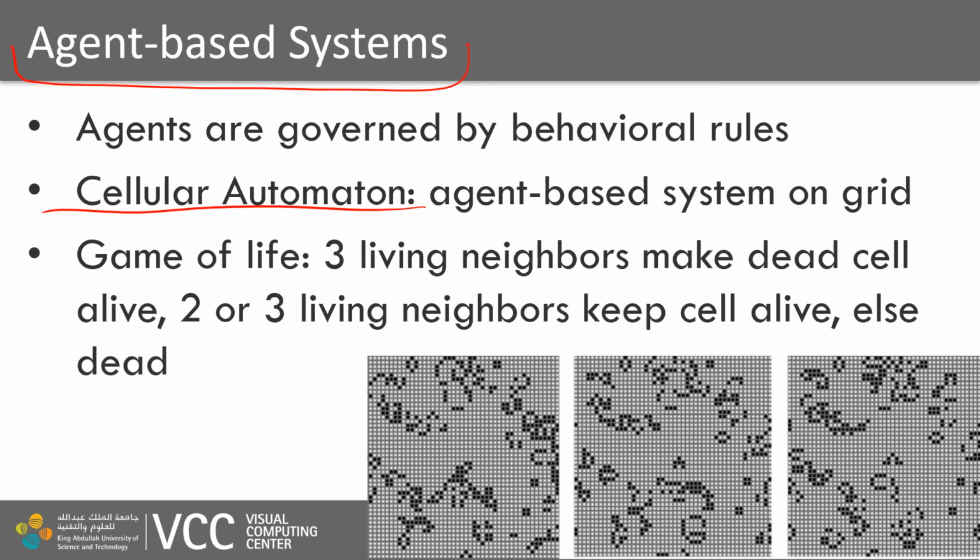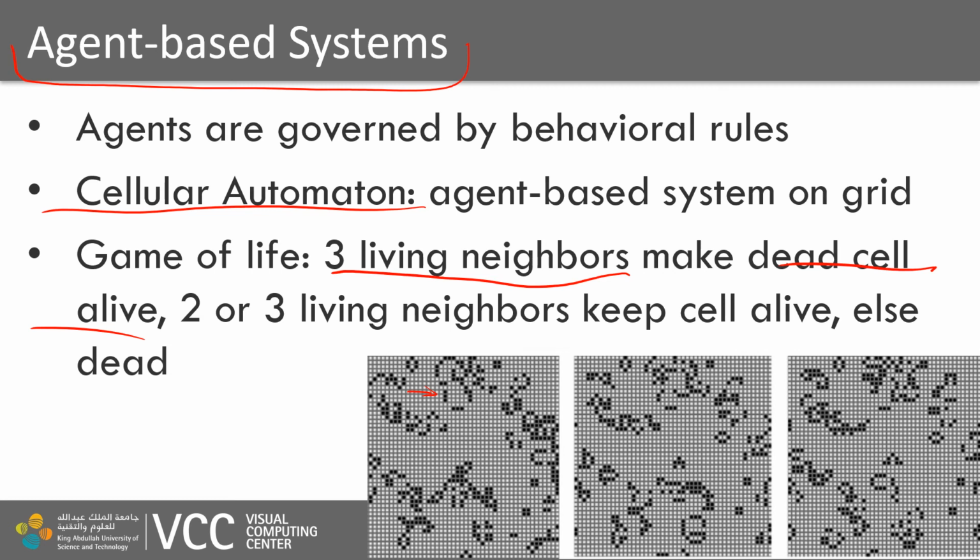The game of life will tell you that if there are 3 living neighbors, so 3 cells which are black in this case, around a certain cell which is dead, make the dead cell alive. So that one cell will suddenly change from dead to alive.